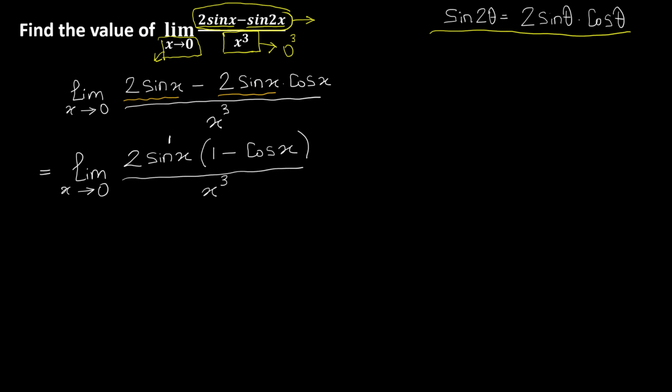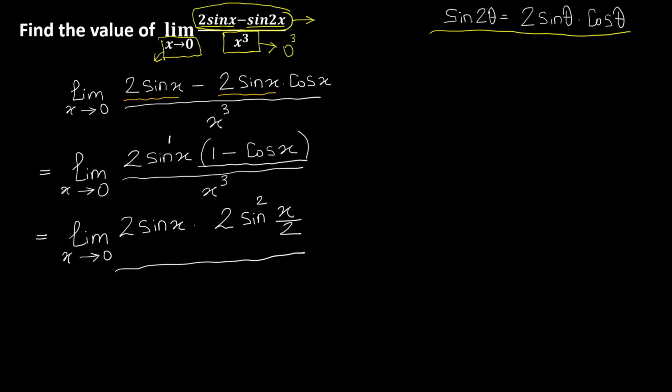Can you guess how we can make the degree of sine as 3 in the numerator? Yes, you guessed it right. We have 1 minus cos x and this can give us 2 sine terms. So this will become limit x tending to 0, 2 sine x and 1 minus cos becomes 2 sine square, and this angle x will become x by 2 since it was a half angle formula, divided by x cube.